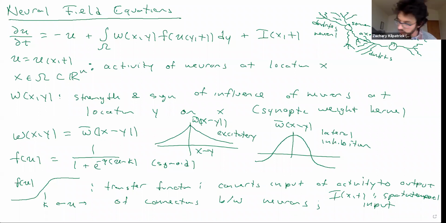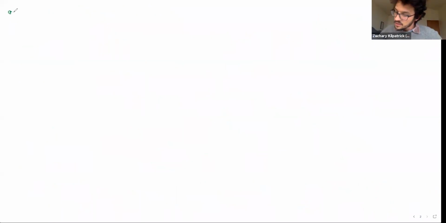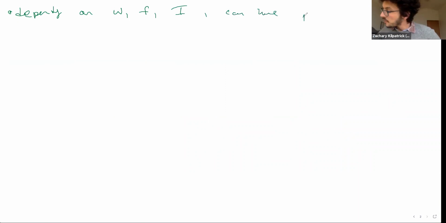Okay, so depending on the weight, the transfer function f and the input, we can have patterned activity, where essentially you have neural activity that oscillates in space like this.